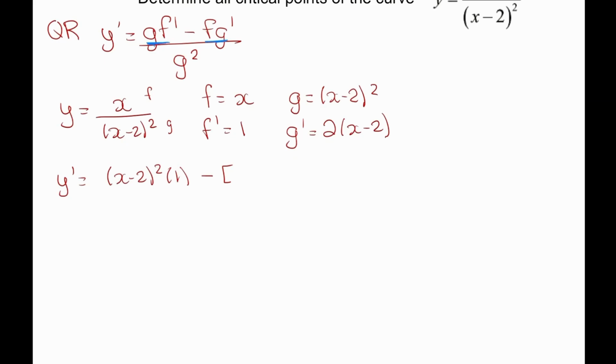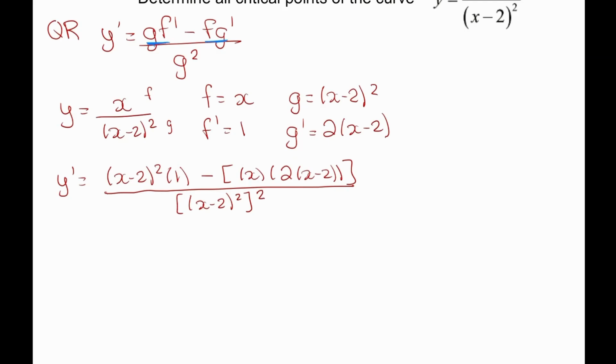So the top is just x, and the derivative of the bottom is 2x minus 2. And all of that will be divided by the bottom squared. And on the bottom, we have x minus 2 squared, and we are going to square that.